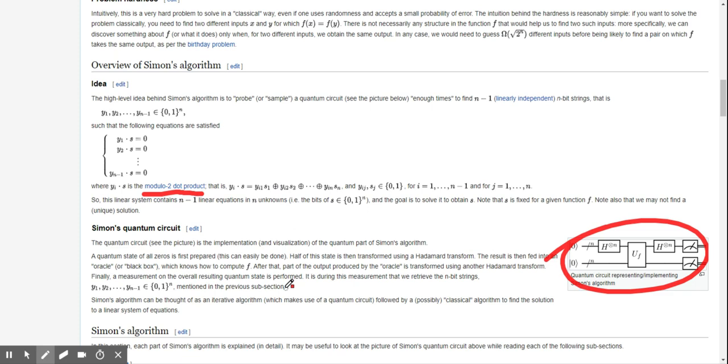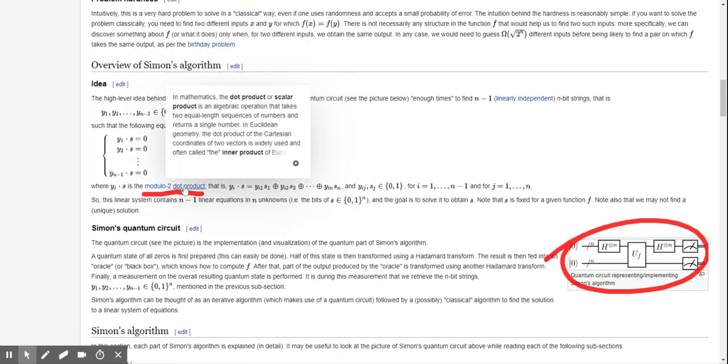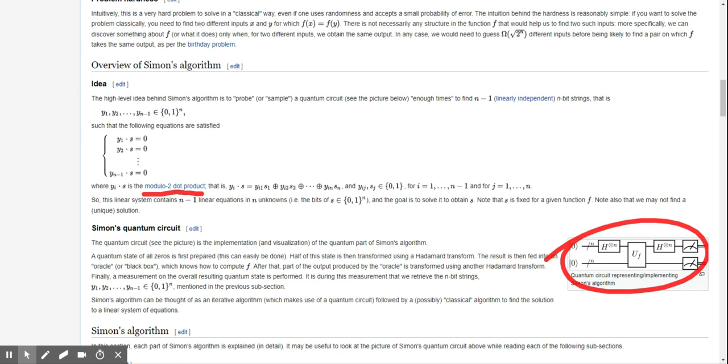Not XOR, sorry, this is the modulo 2 addition in this case, I think. Modulo 2 dot product. Yeah, but essentially. So why is that true?